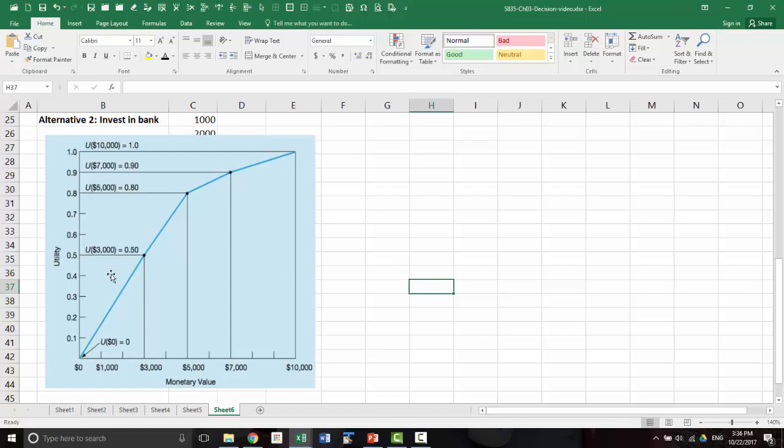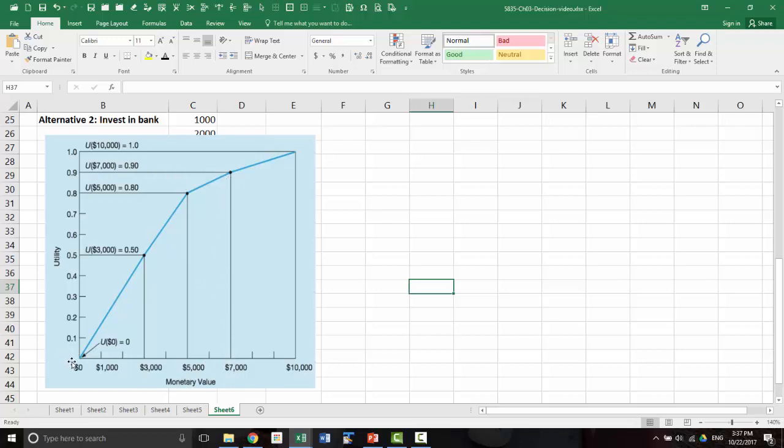This is just an example. Suppose for 3,000 you're indifferent at 0.5, so the utility of $3,000 is 0.5. For 5,000 you are indifferent with 0.8 as the probability, so the utility for 5,000 is 0.8. For 7,000 you're indifferent with a probability of 0.9.